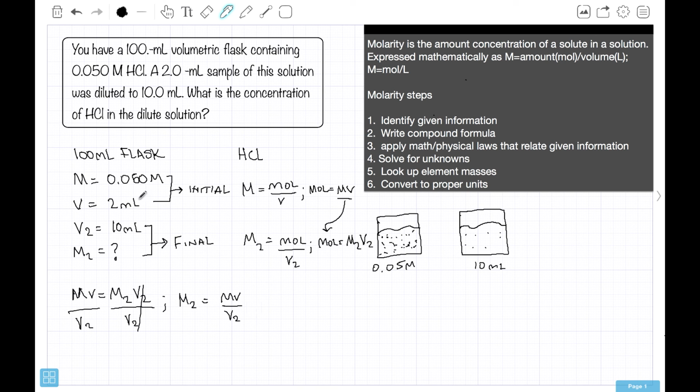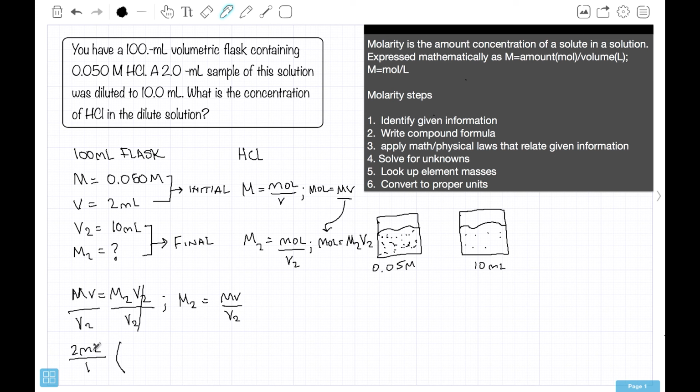So we can't just plug everything in because molarity is in liters, but we were given our volumes in milliliters. So before we can plug everything into this equation, we have to do a couple of conversions. First I'm going to convert the 2 milliliters, and I'm going to put it over 1. And now I'm going to find the relationship between milliliters and liters, because liters is what we want.